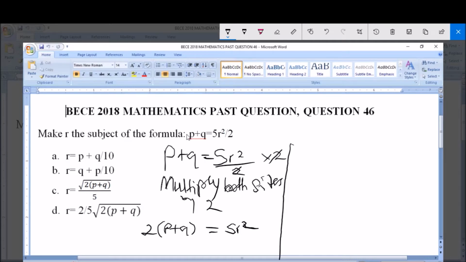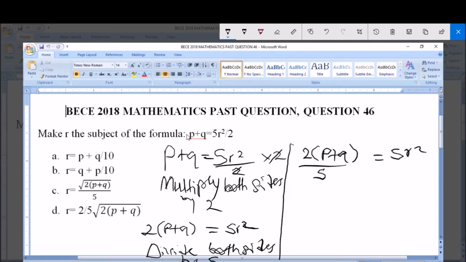Now to remove this 5, remember we're trying to make R the subject of the formula. That means we are trying to make R stand alone. So to remove this 5 here, we divide both sides by 5, and then we have 2 into P plus Q all over 5 is equal to 5R squared over 5.